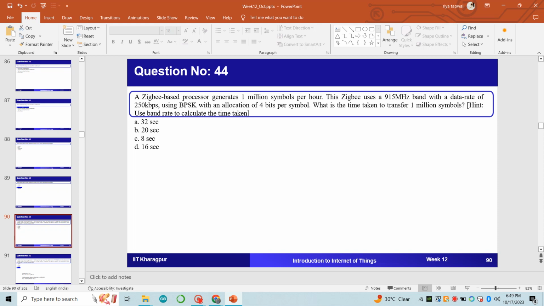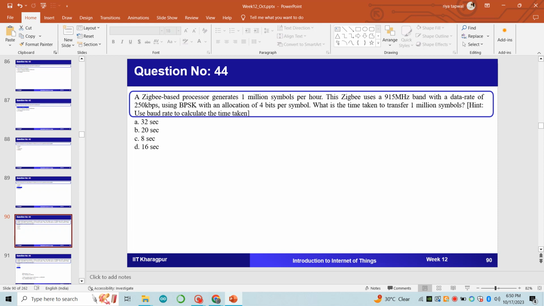Now how much time will it take to send one bit? Simple unitary method. If it is taking 1 second to send 250 kb of data, then how much time will it take to send one bit? Anyone? 1 by 250 kb. Right.